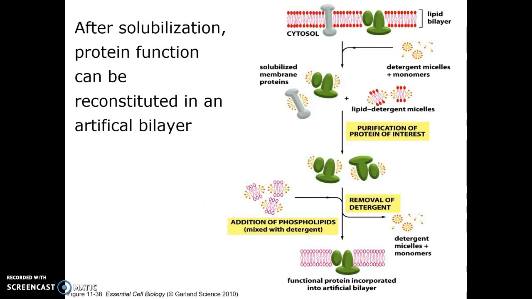Or we can study their function by putting them into artificial membrane situations. Remember, I said that it was pretty easy to make micelles, and so that's one way to study the proteins, to study their function.